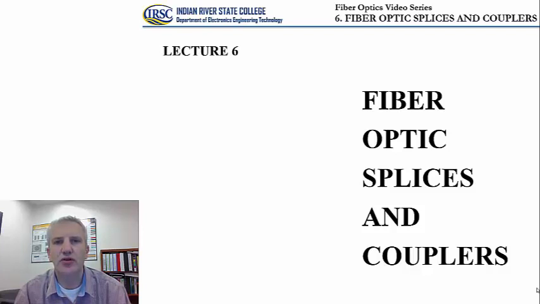We elaborated on two specific types of splicing, so-called mechanical splicing and fusion splicing. A few slides covered mechanical splicing in detail, how it's being performed, and different techniques to perform mechanical splicing. And then we switched gears to fusion splicing.